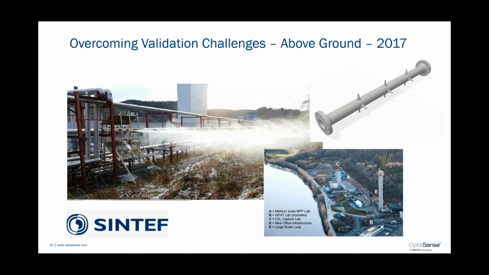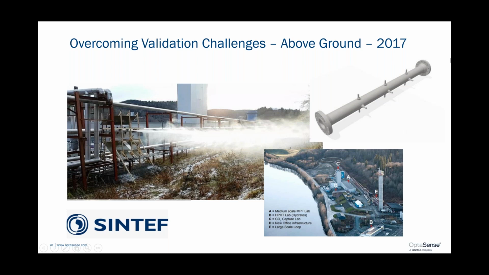We started with doing some work on above ground pipelines because our system will support both. In 2017, we went to the Sintef facility in Norway, the large scale flow loop, which you can see here in the bottom right. It's a long 2.5 kilometer flow loop.